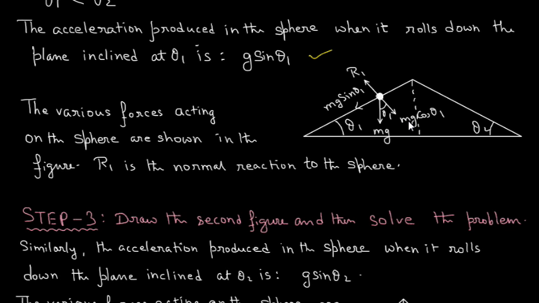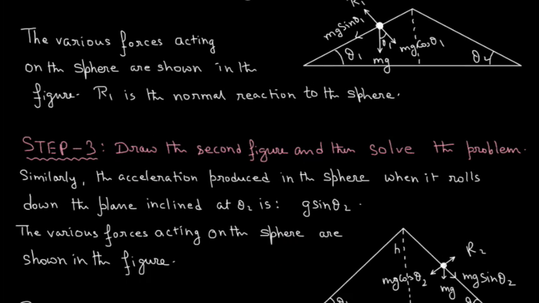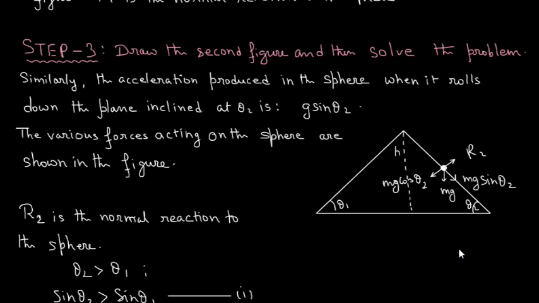Now step 3, draw the second figure and solve the problem. A similar figure can be drawn for the side whose inclination is theta 2. So the acceleration produced in the sphere when rolling down the inclined plane at theta 2 is g sine theta 2.